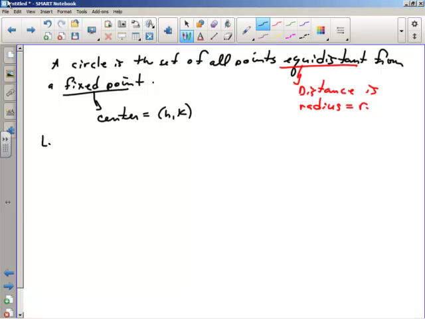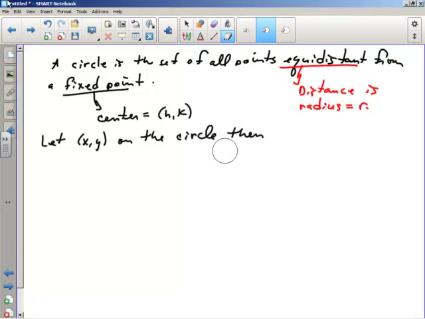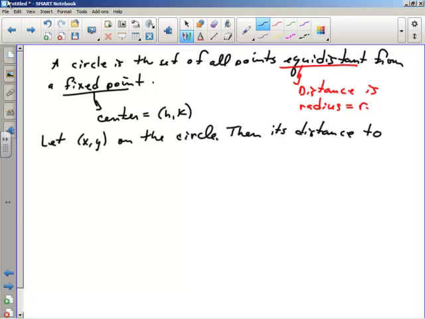It says that if I let (x, y) be on that circle, then two complete sentences here. Then its distance to the point (h, k) in the center is r.